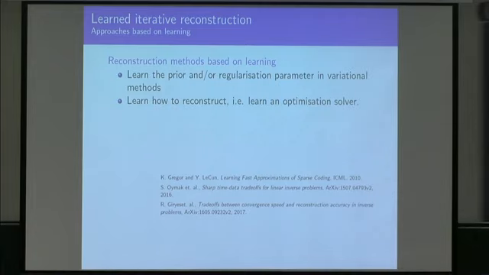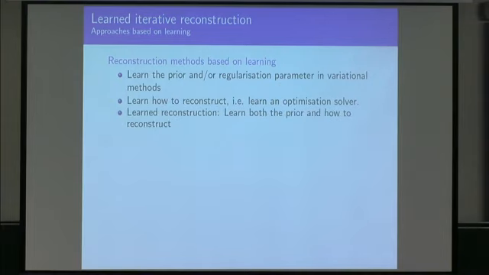It addresses, to some extent, the computational burden part, but it doesn't address the part of learning or picking up this more complicated prior knowledge. So clearly, you somehow need to learn both the prior and how to reconstruct, if you want to be addressing both the computational aspect and the flexibility aspect.